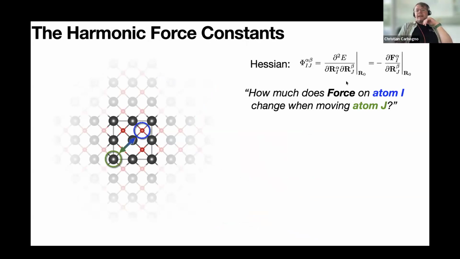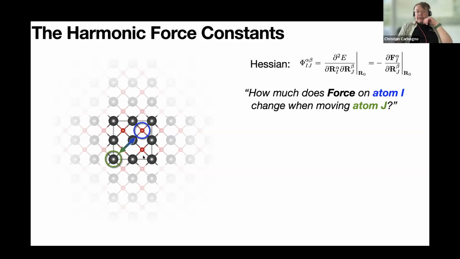Here we've seen that it is essentially the derivative of the energy with respect to two positions, but using the definition of the force as the negative derivative of the energy, we can also write it as a first-order derivative. So how much does the force on atom I change if I move atom J?